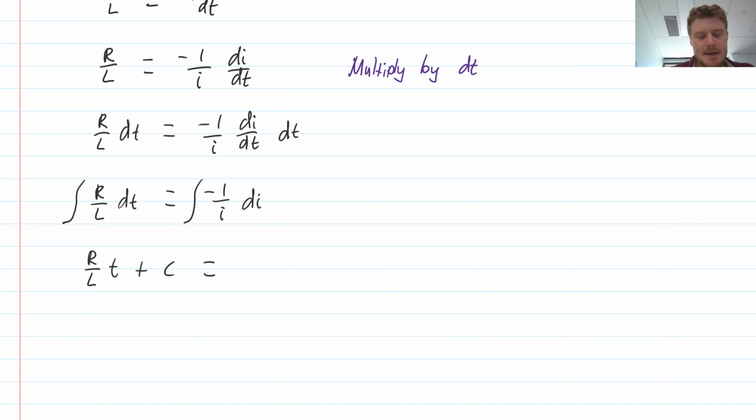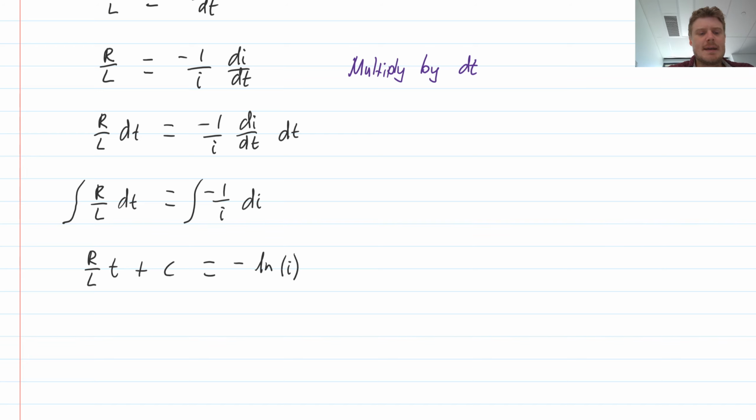On the right hand side, the antiderivative of 1 over I is going to give me the natural logarithm of my current variable. You should remember that the integral of 1 over x dx is equal to natural log of x. That's one of the fundamental integrals that you should know.